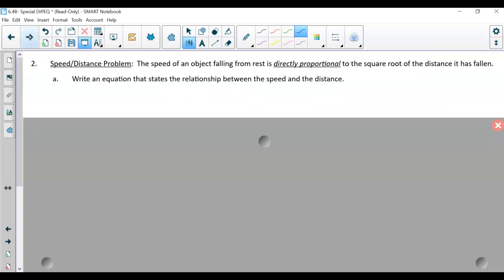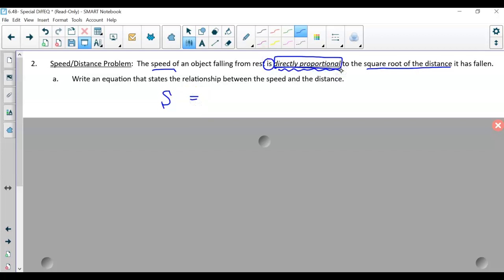And here, I'm not going to go through this whole problem, but the main thing is being able to write a direct variation equation. The speed of an object is directly proportional to the square root of the distance it has fallen. So we need to pick some variables. My speed, I'm going to call s, is directly proportional.